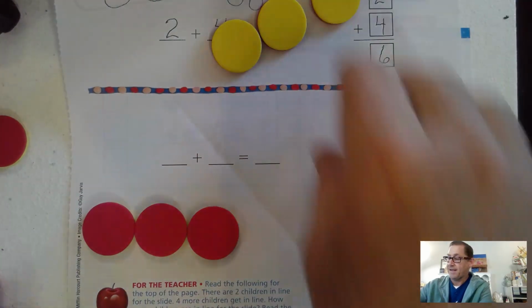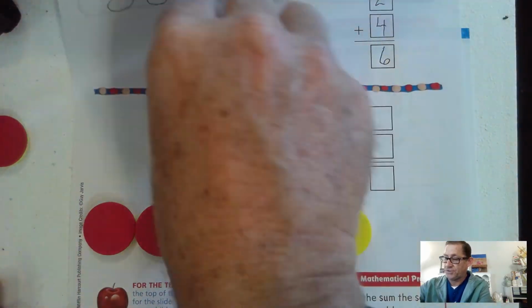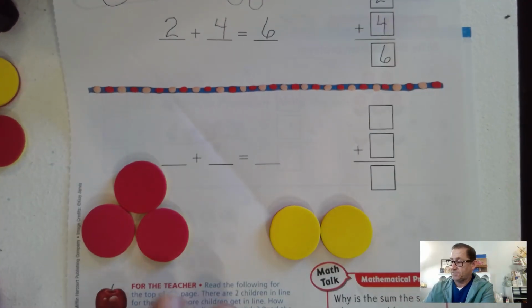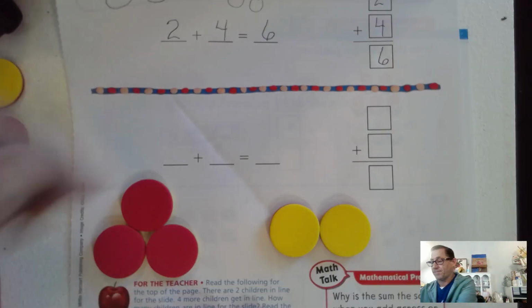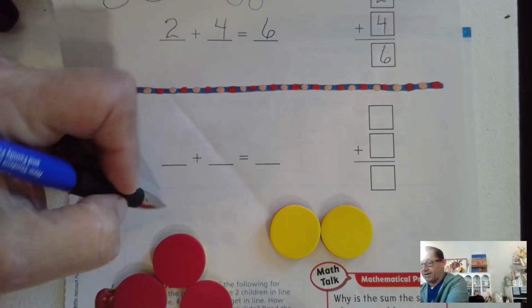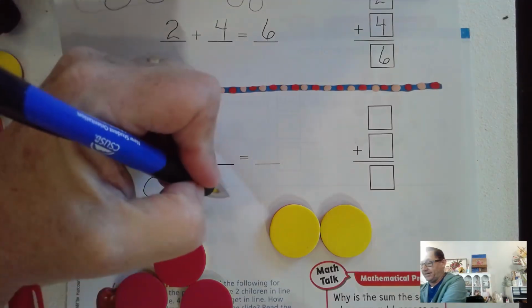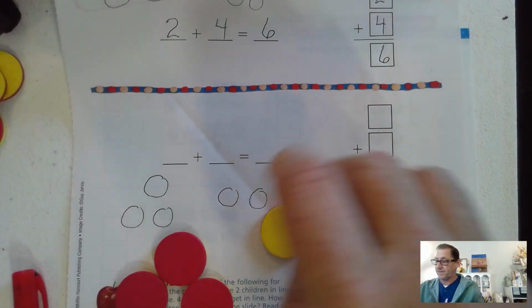And Bruce gave her 2 more. So 3 and 2 more. So we can draw our picture, right? And then 2 more.